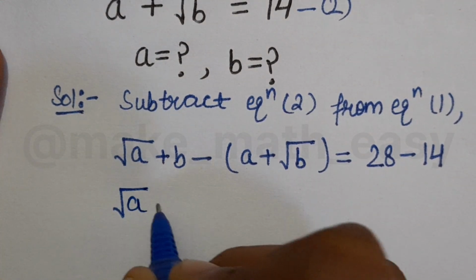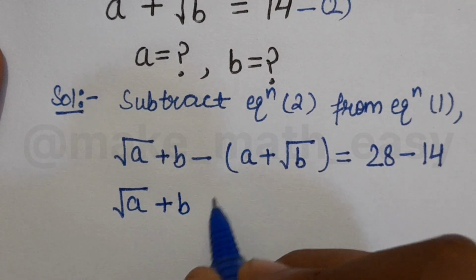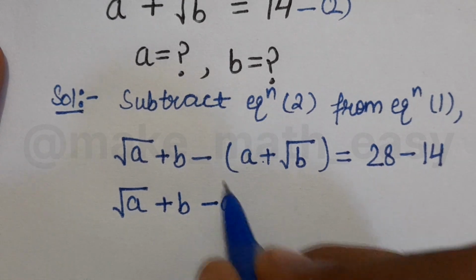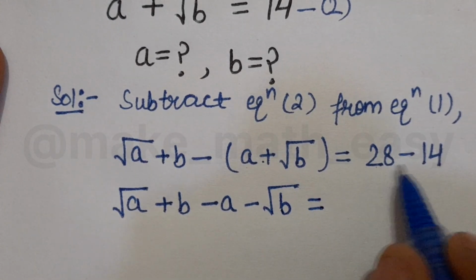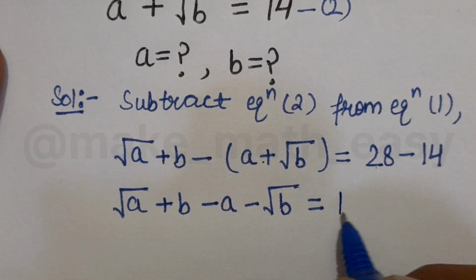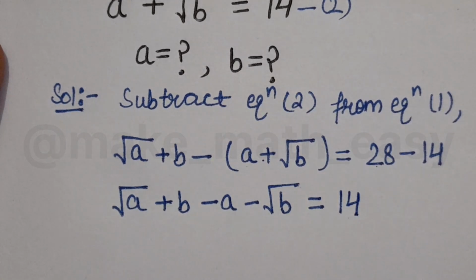So root a plus b minus a minus root b equals to 28 minus 14, it is equal to 14.